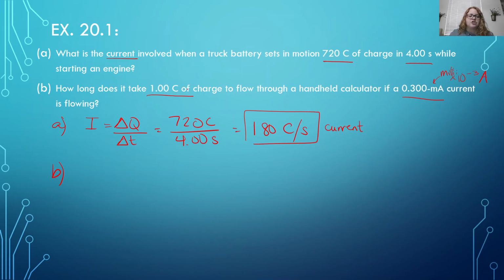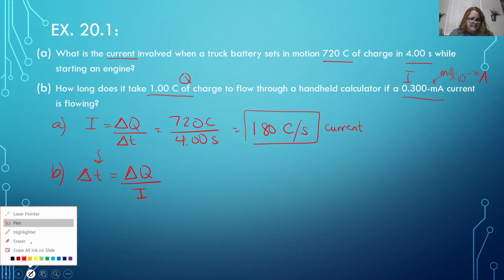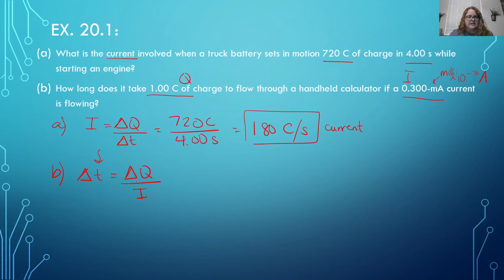So we have our charge Q, and we have our current I. So we will go ahead and rearrange this equation to look like delta T, our time, equal to delta Q over I. Let me get out a black ink here.